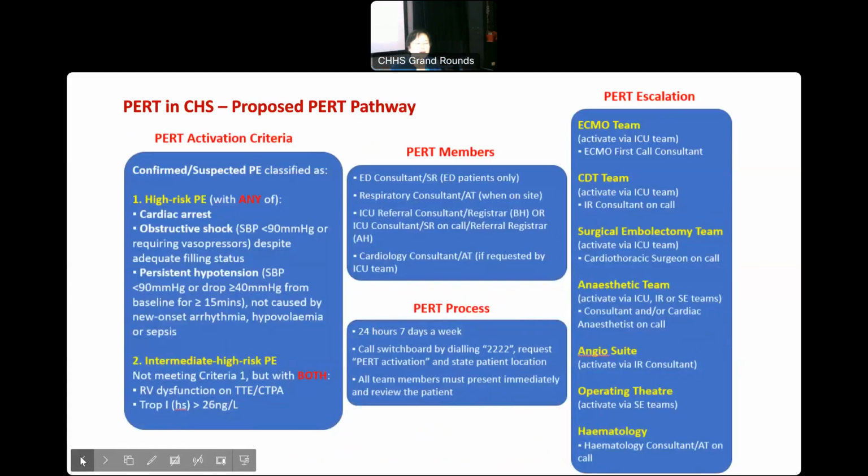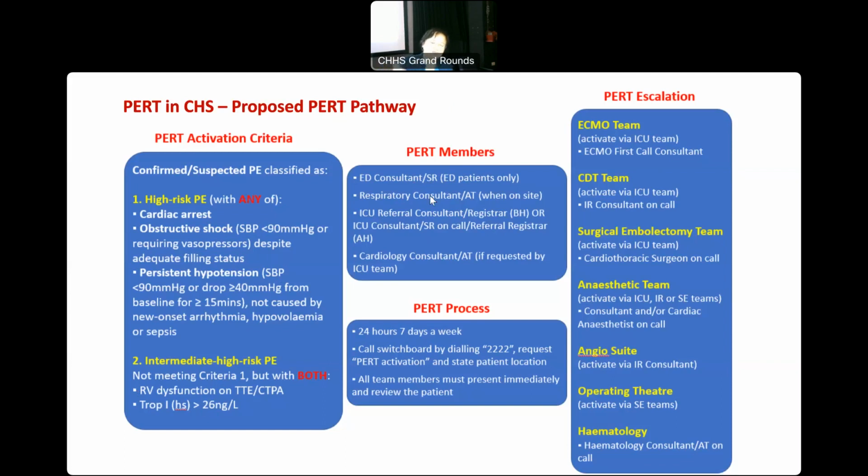So if you read the pathway we propose, we propose a PERT pathway. Activation criteria were made very clear. You have to be high risk or intermediate high risk. High risk, almost immediate referral. Intermediate high risk, you need to have a look at the echo and get the troponin first. That's why it's a delayed referral. But once we confirm intermediate high risk, refer to the PERT team. And the PERT team, of course, I want as many members as possible, but it's not possible. So ED patient, we have ED, respiratory.